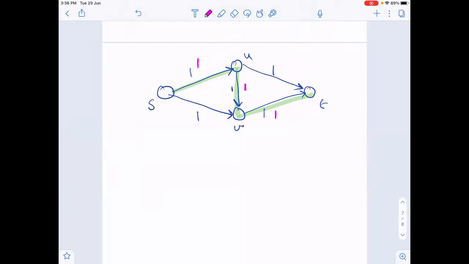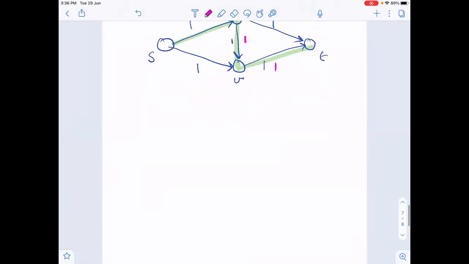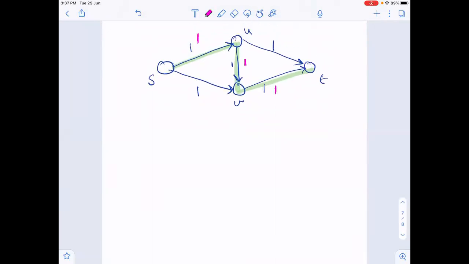Right? At that time, how does my graph look? Let's say, okay. So if I draw this graph once again, there's S and T. There is a flow that goes like this, right? There's a flow of unit 1.